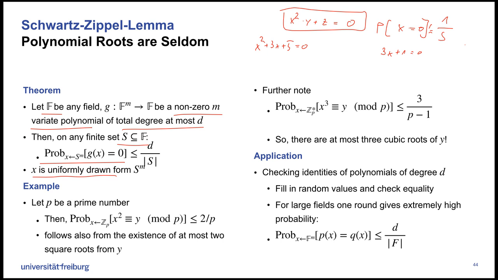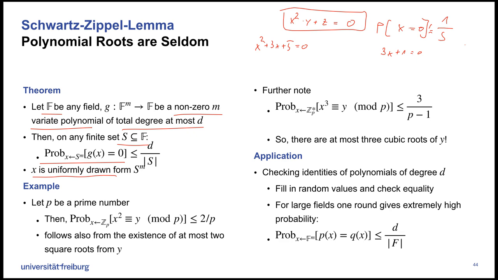This is also the case in a field. It is somehow related to the fundamental theorem of algebra: a polynomial of degree d has exactly d solutions, even counting double solutions. And when we draw from a set, we get a probability of at most the degree of the polynomial divided by the size of the set you are drawing from. It could be less because maybe your roots are not in the set, or you have double roots.